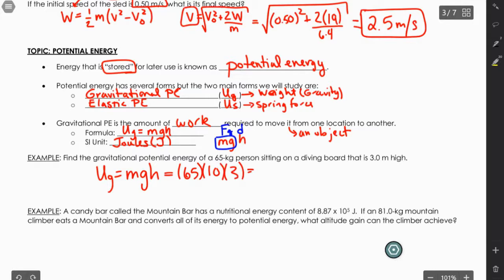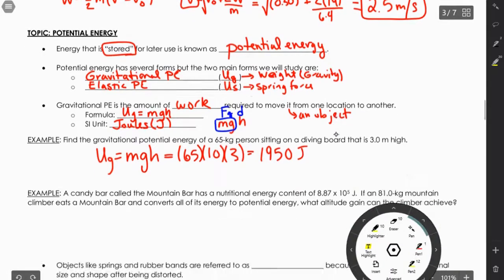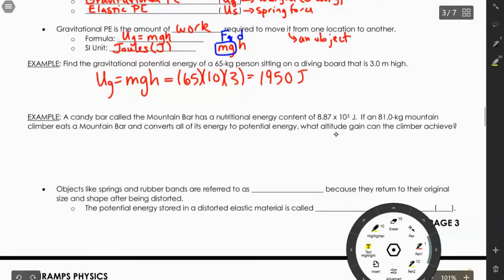You do 65 times 10 times 3, and you find that the person sitting on top has 1,950 joules of energy stored. We'll get into conservation of energy in a little bit, and if that person now jumps off the diving board, this potential energy will be converted into kinetic energy. But that's when we're going to talk about conservation of energy here very shortly.